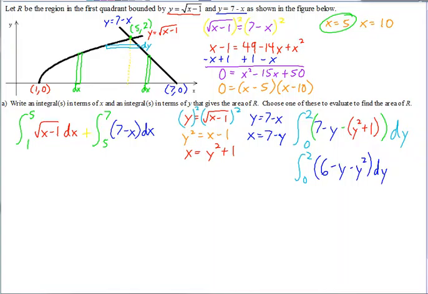Now let's go ahead and integrate that. That would give you 6y minus y squared over 2 minus y cubed over 3, evaluated from 0 to 2.